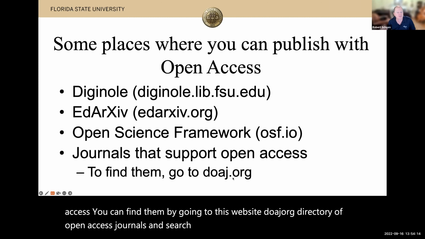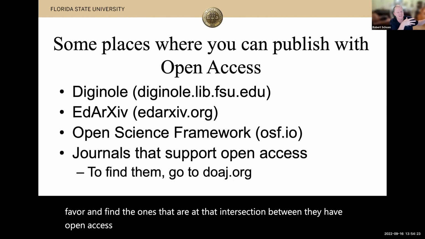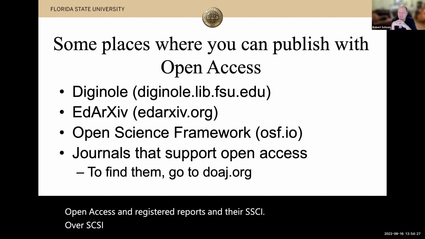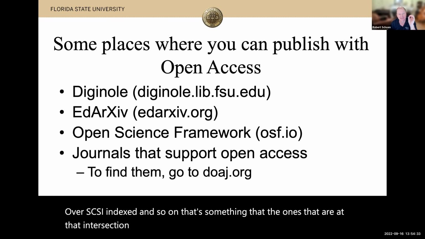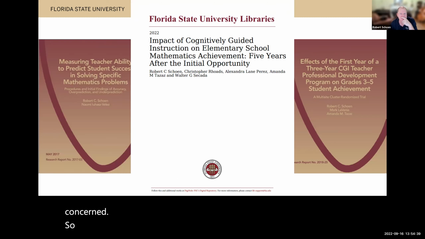If any of y'all want to do us all a favor, find the ones that are at that intersection between open access and registered reports, and they're SSCI or SCI indexed, and so on. The ones at that intersection point are the ones that are going to thrive, as far as I'm concerned. So in digital, here's some things that we've published.